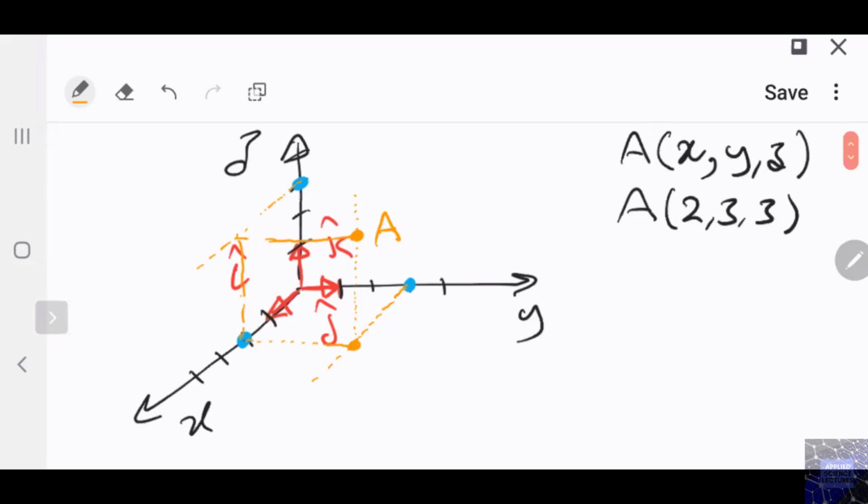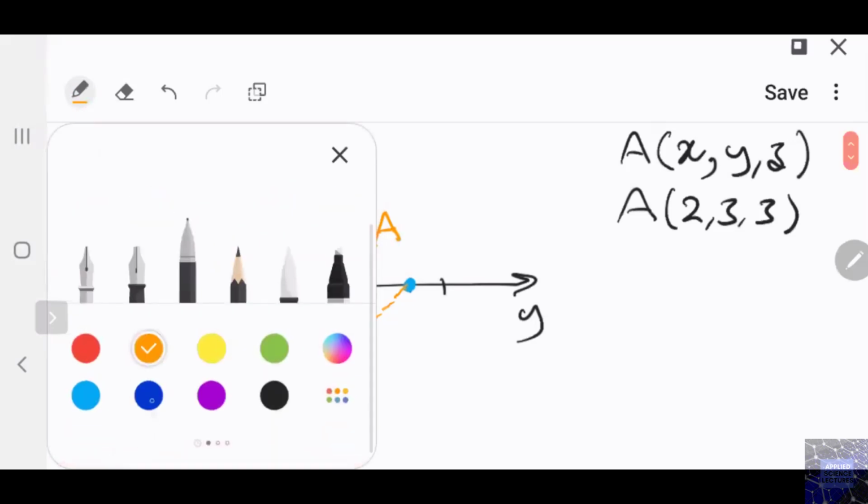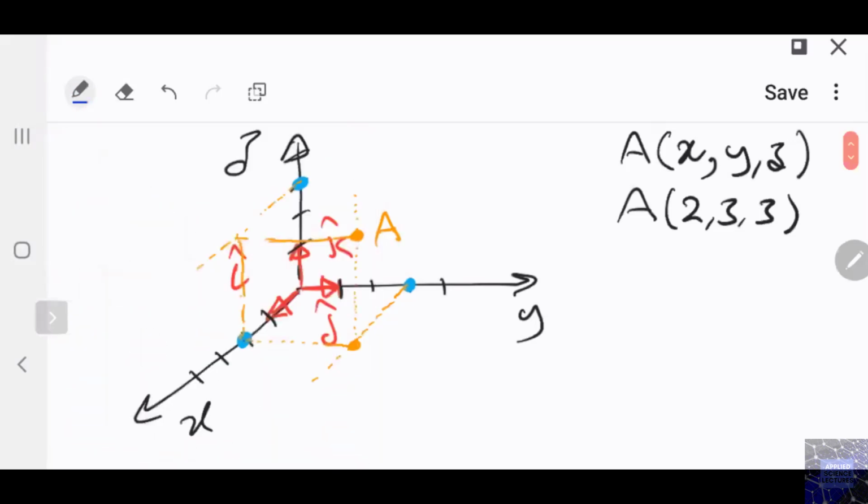This point can define a vector, where that vector is between the point A and the origin of coordinates. So if I am to draw this vector, then this vector would be between A and the origin.